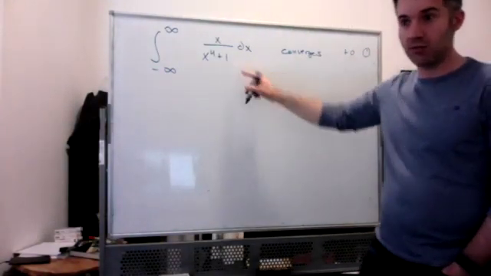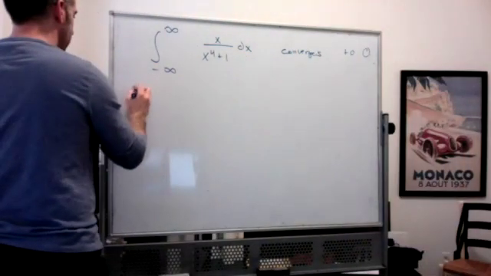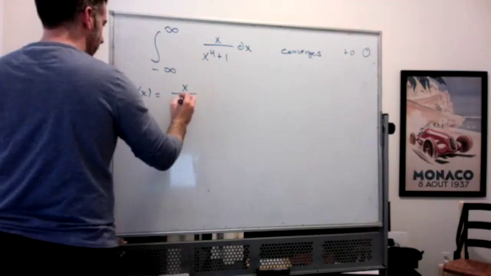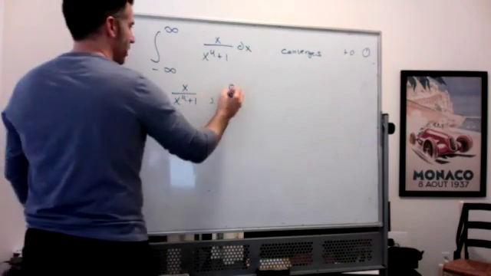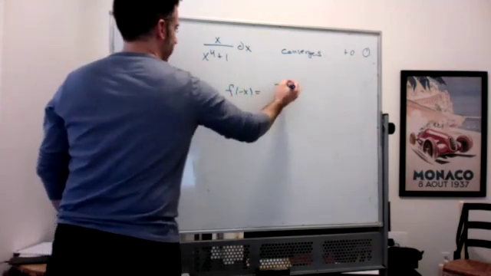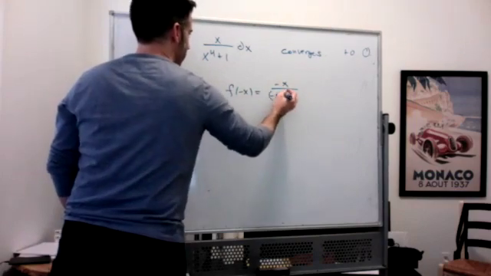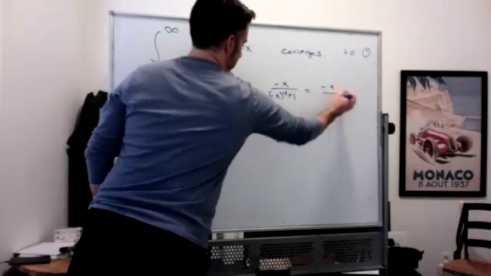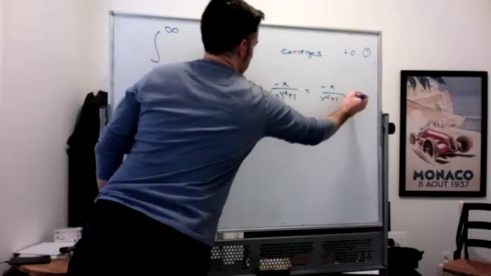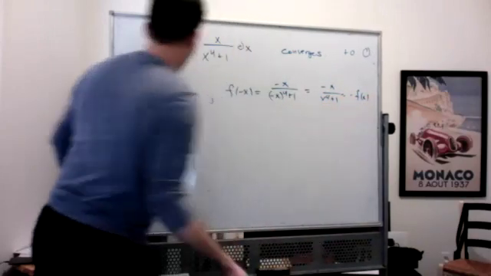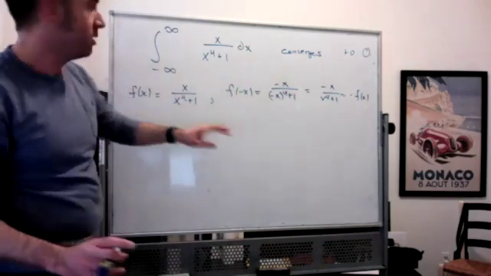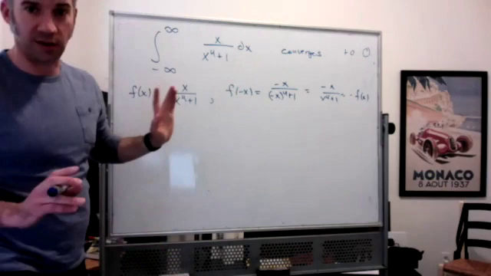That's an odd function, right? f of x equals x over x to the fourth plus 1. f of negative x is negative x over negative x to the fourth plus 1, which is negative x over x to the fourth plus 1. Right, so f of negative x equals negative f of x, that means the function's odd. So this definitely converges to 0.